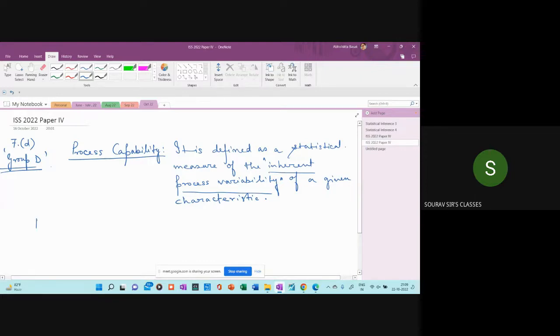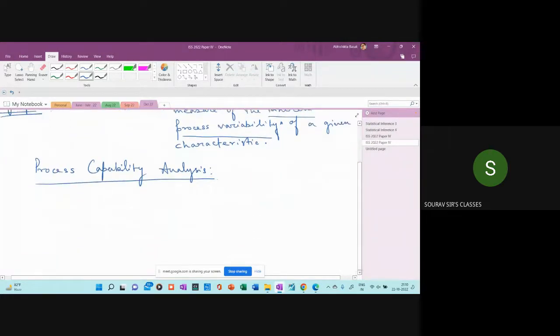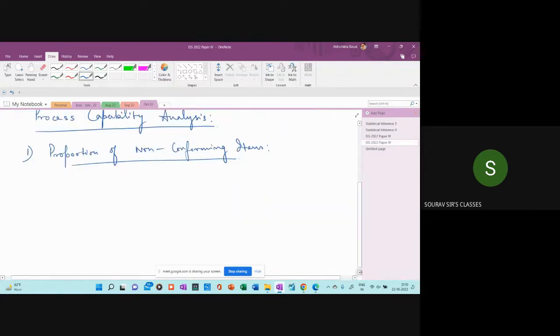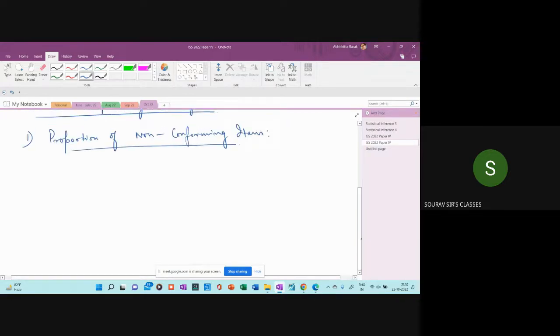So under this process capability analysis, we actually have two measures. Number one is the proportion of non-conforming items. So this is how we get the proportion of non-conforming items.